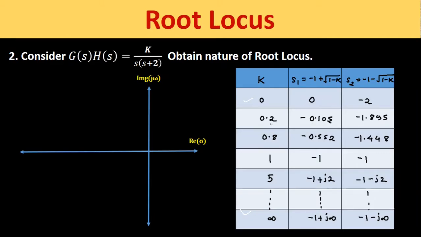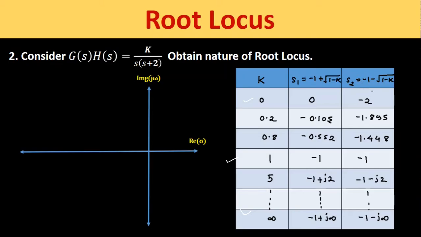When K is equal to 0.2 we get s1 is equal to minus 0.105, and when K is equal to 0.8 we get minus 0.552, and when K is equal to 1 we get s1 is equal to minus 1. When K is equal to 5 we get minus 1 plus j2, and lastly when K is equal to infinity we get s1 is equal to minus 1 plus j infinity.